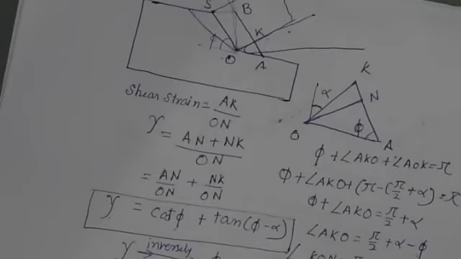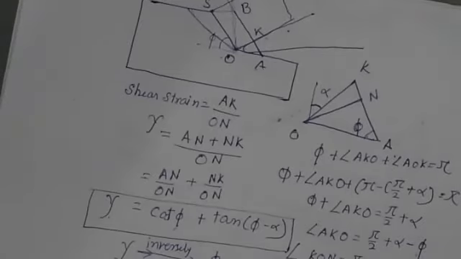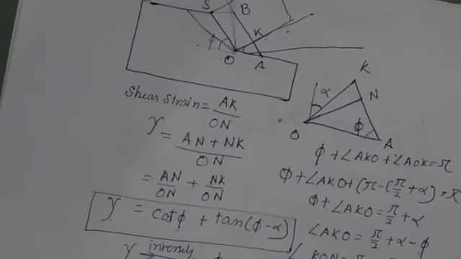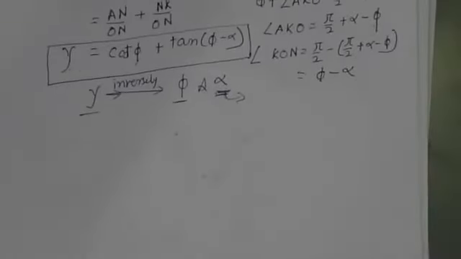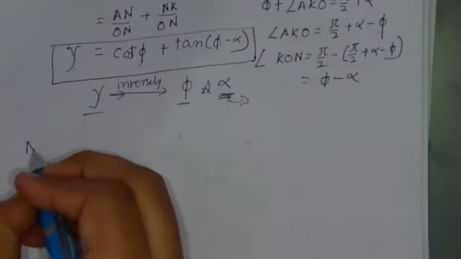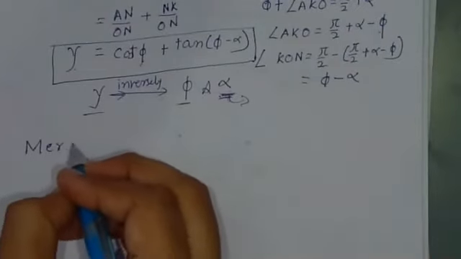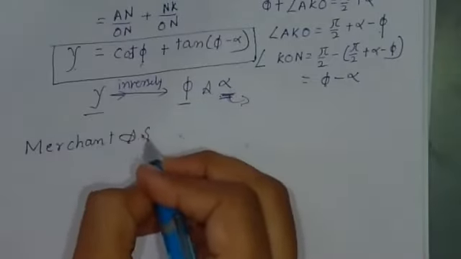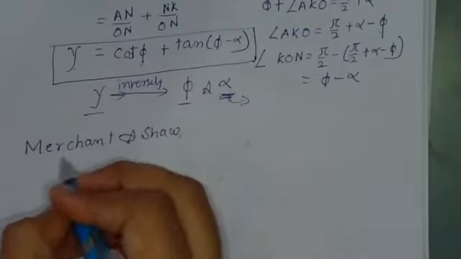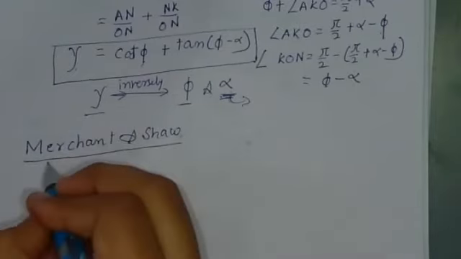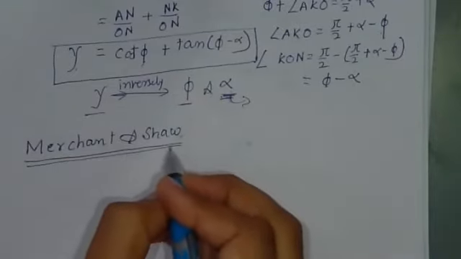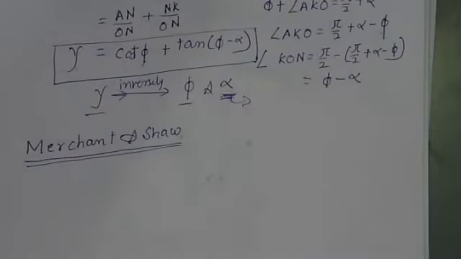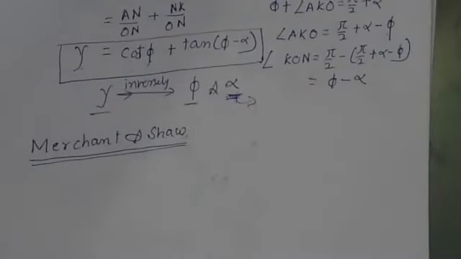So these forces have been analyzed by various authors, but one of the most important authors are Merchant and Shaw. So they have actually analyzed the whole cutting operation mathematically on the basis of some physical laws and determined various aspects of force analysis.